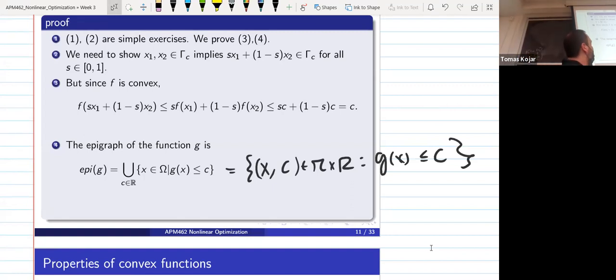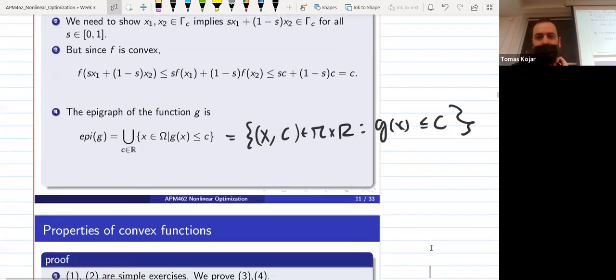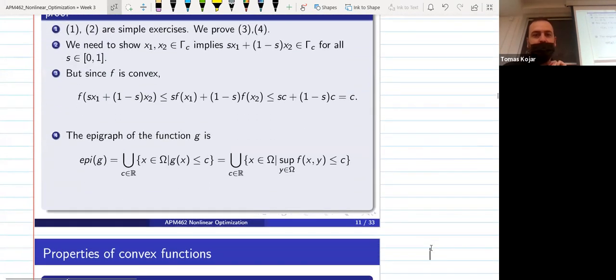That's crazy. All right, so this is the epigraph of the function, and you come back to the supremum. So this is the supremum, that was the definition. So what is it saying? It says that for all the y, this is bounded by c.